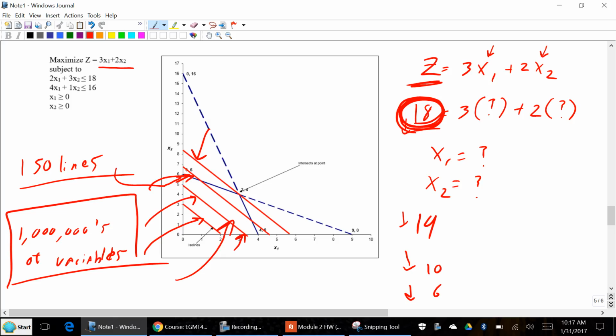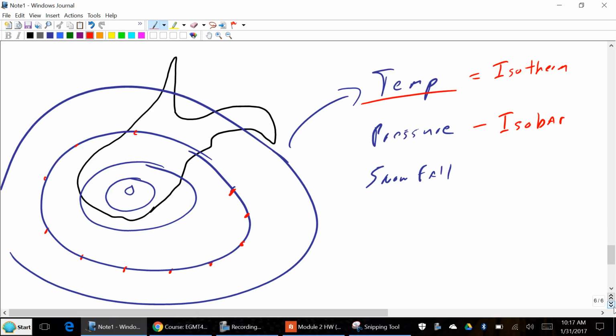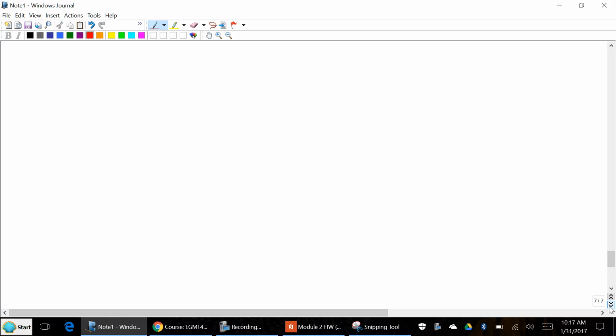So imagine that you have something you are trying to minimize or maximize, and instead of just having x1, x2, x3 all the way down to x10, you've got x1, x2, x3 all the way down to x252,000.